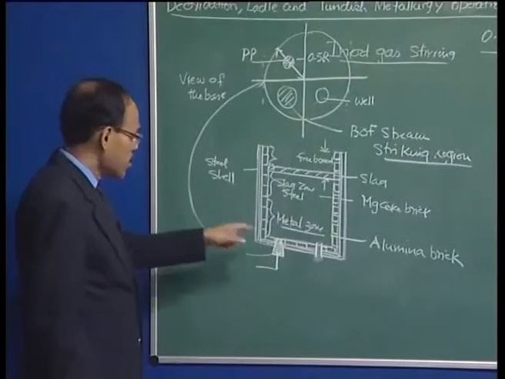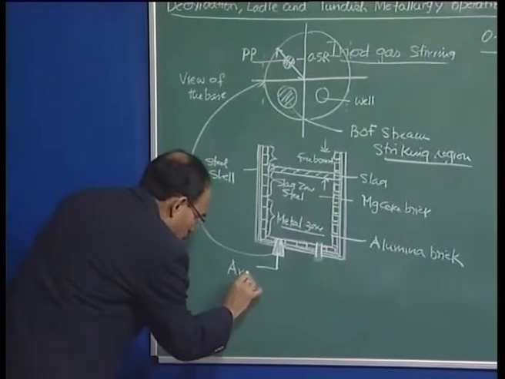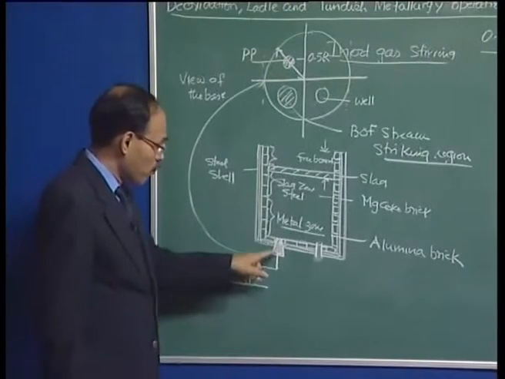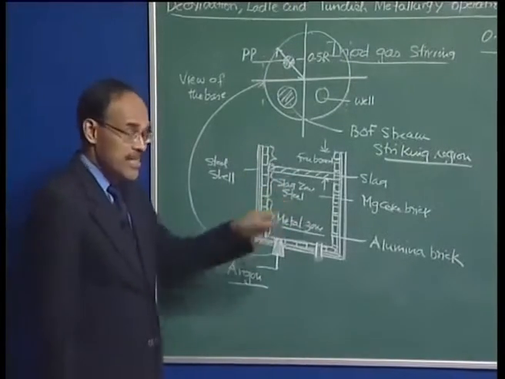Now, argon is going to be injected through the porous plug, and as I mentioned to you, the flow rate of argon will determine the extent of agitation.